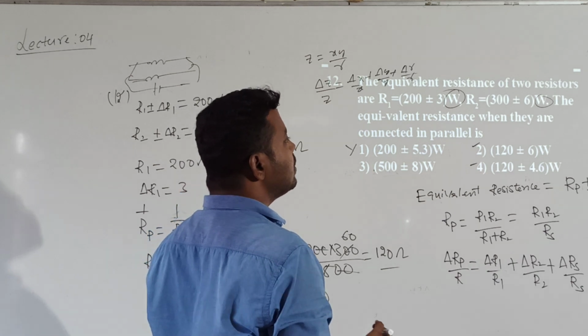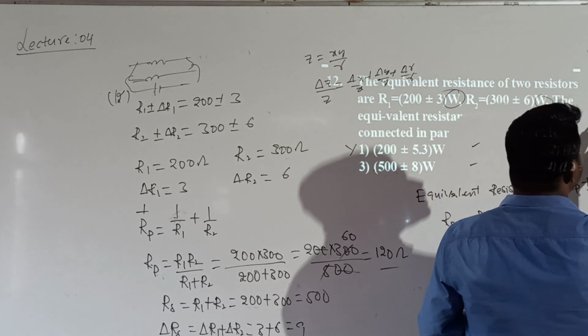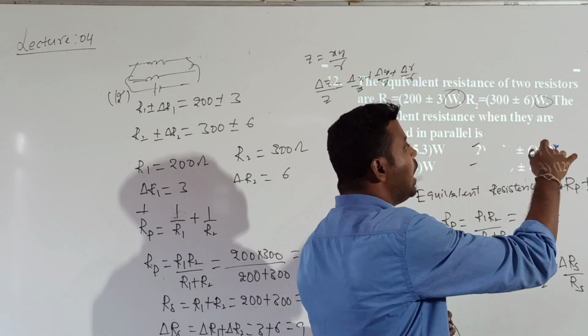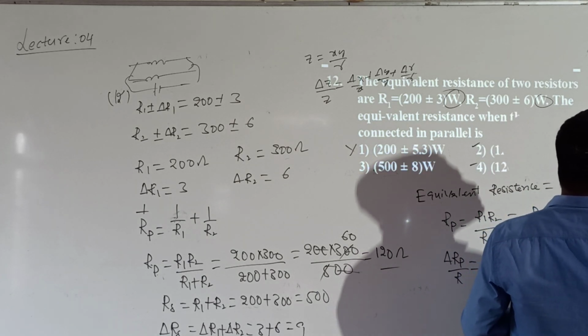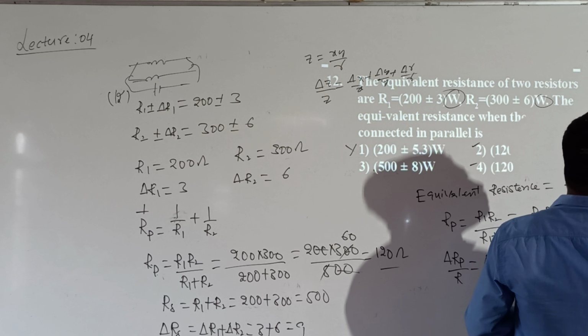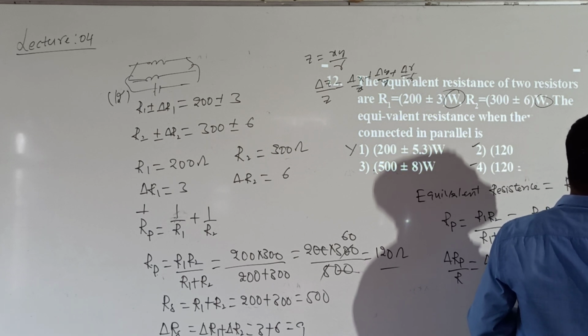So by solving this, you will get the answer of delta Rp, because you need to write the Rp value there. Rp needs to be sent to this side, so it is 3 by 200 plus 6 by 300 plus 9 by 500, into how much? 120.